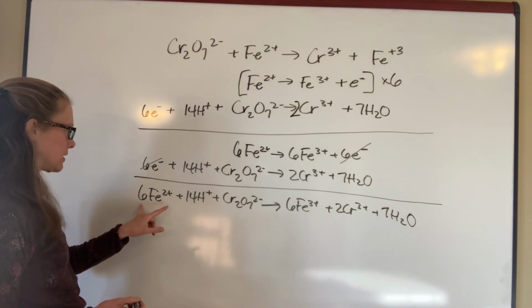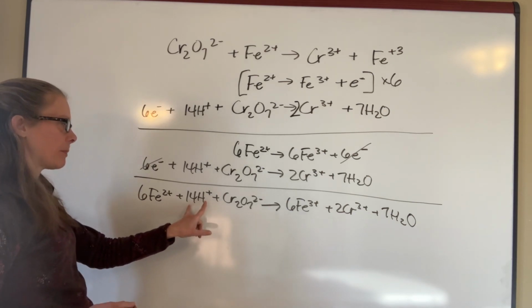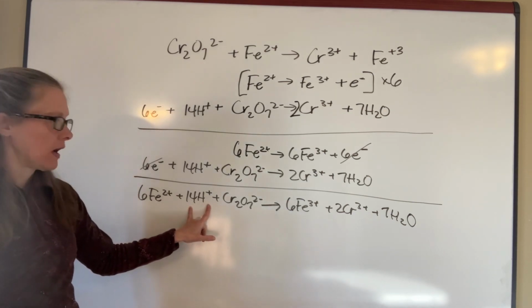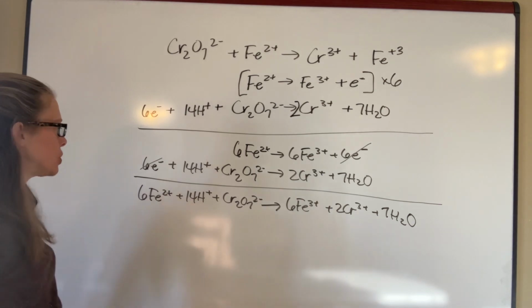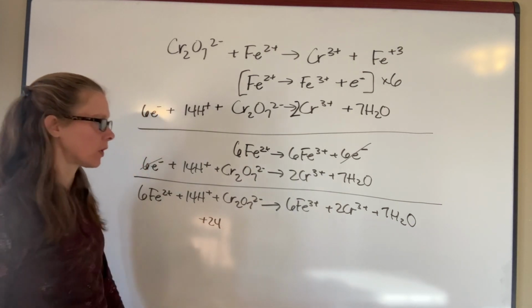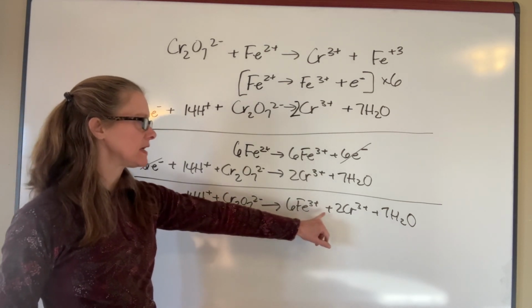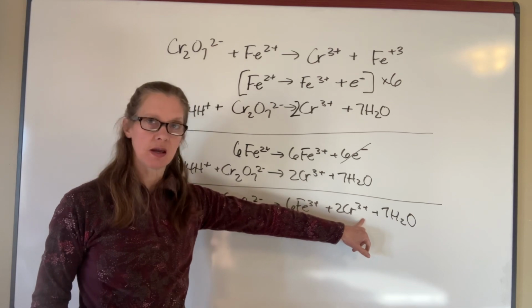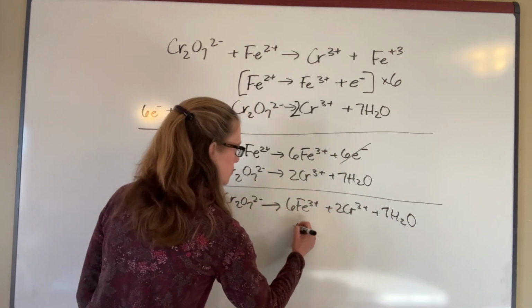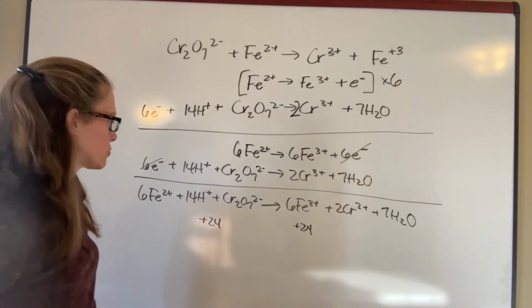So here I have a +12, and here I have a +14, and here I have a -2. So what that's going to give me on this side is a +24. And then when I look at this side, I have 6 times 3 is 18, and 2 times 3 is 6, and 18 plus 6 is also 24. So I'm balanced according to charge as well.